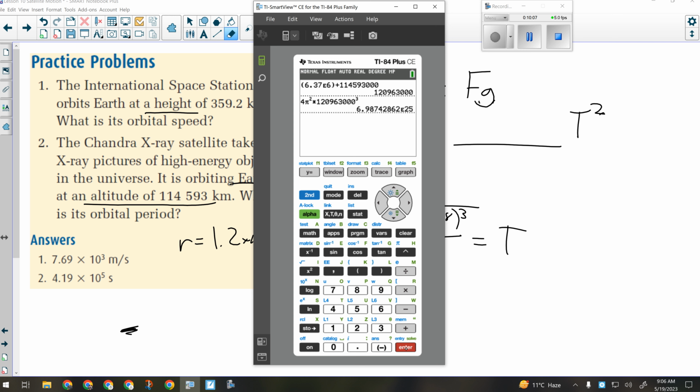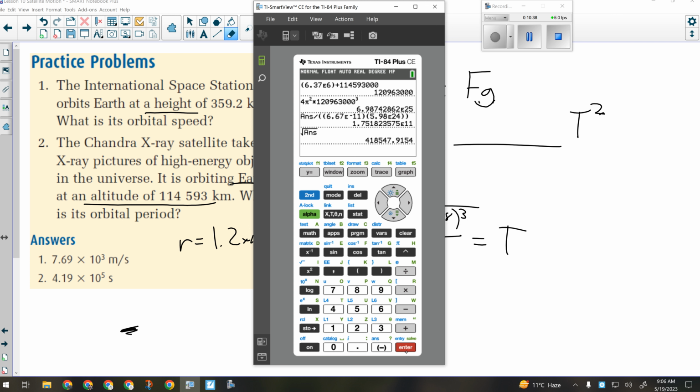That's the top, that's a big number, divided by the bottom. So I get 4.19 times 10 to the 5 seconds.